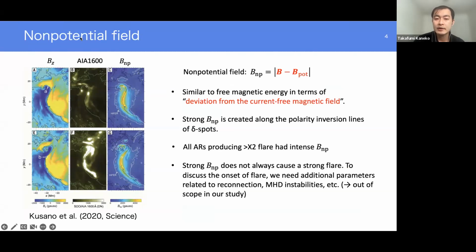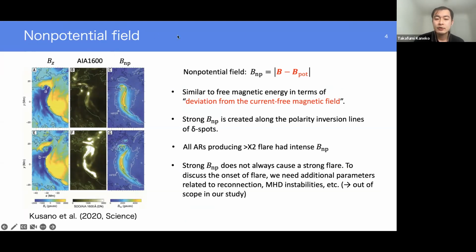The parameter is the non-potential field, defined as the absolute value of the difference of the magnetic field compared with the potential field. So this is not the dimension of energy, but the concept is similar to the free magnetic energy in terms of the deviation from the current-free magnetic field.